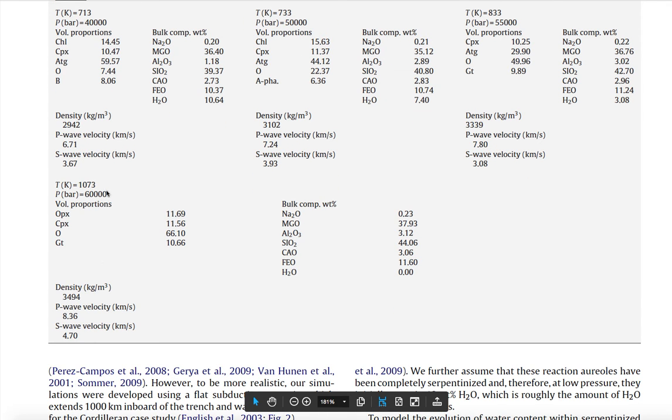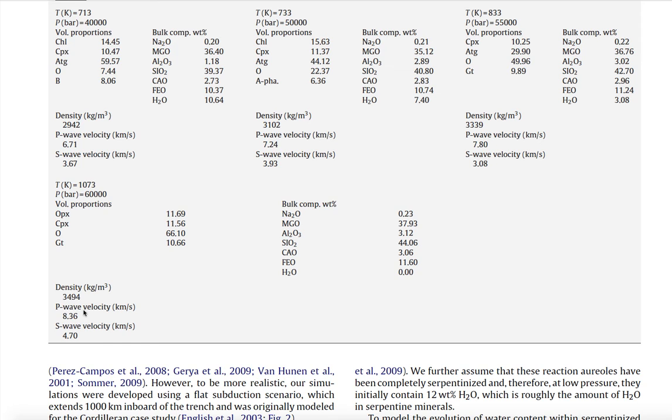Yes, we have then 1073 degrees Kelvin, that is 800 degrees Celsius, and 60,000 bars, yeah? And then we have a garnet lherzolite, OPX, CPX, olivine, garnet, and then you have here all the density is much higher compared to the beginning.